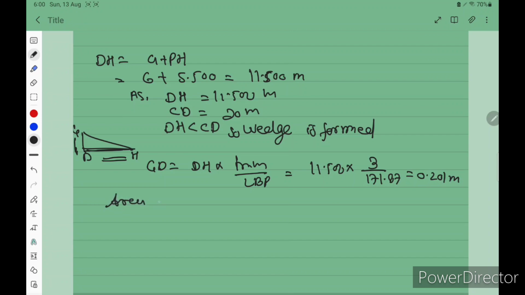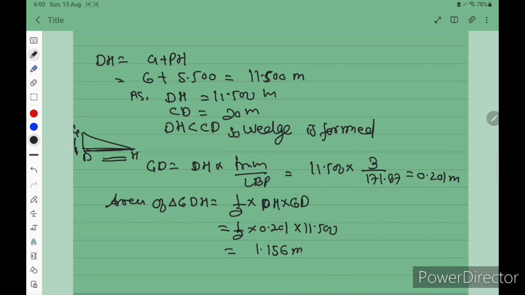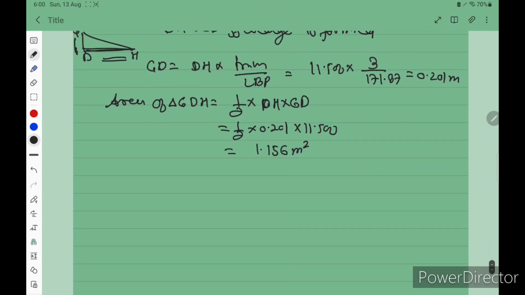Now the area of triangle GDH is equal to 1 by 2 into base into height, where base is DH and height is GD. So 1 by 2 into, put the value, we get the area as 1.156 meter square.